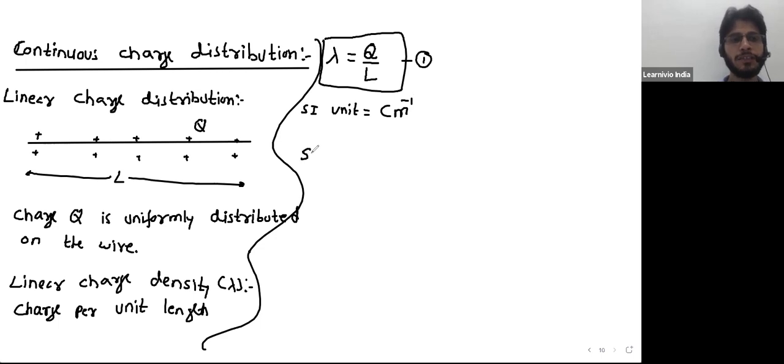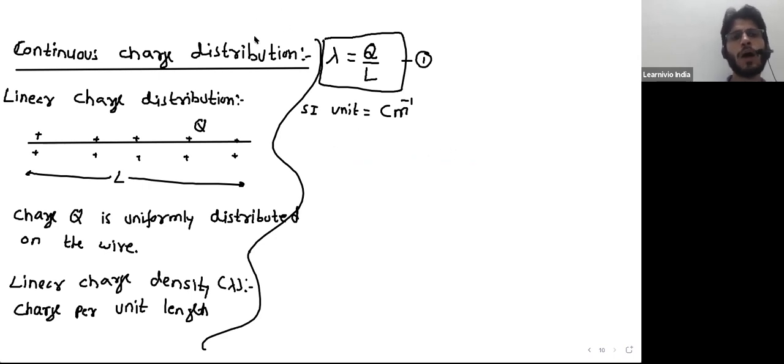After linear charge density, next we can have surface charge density. No, not yet. We can have some more cases in linear charge density.